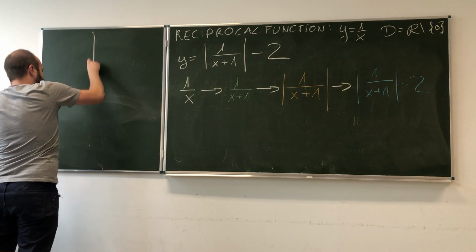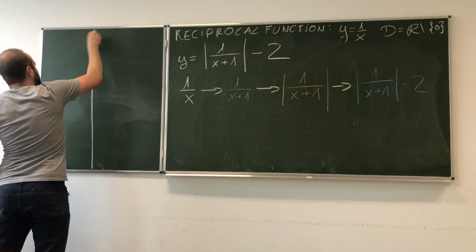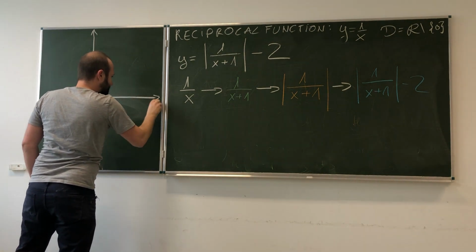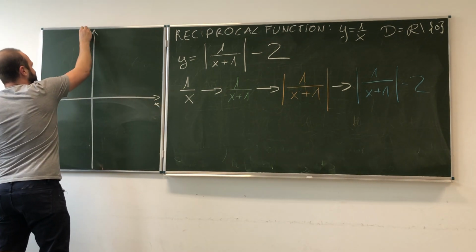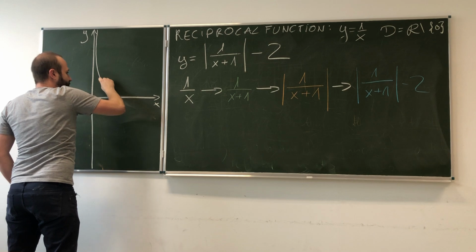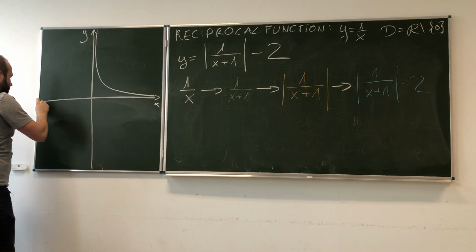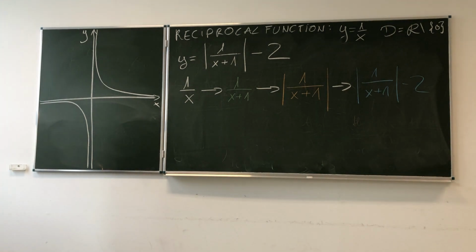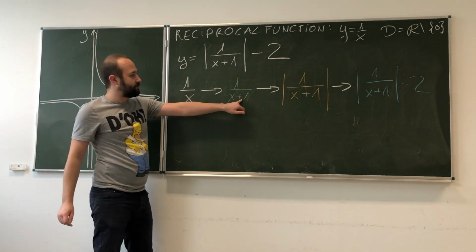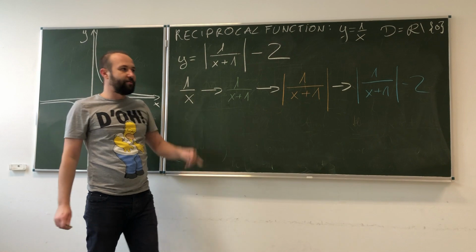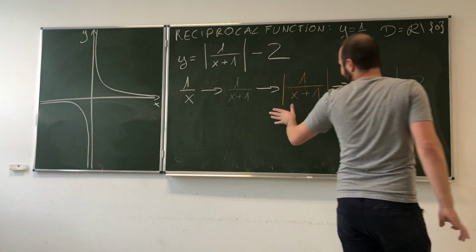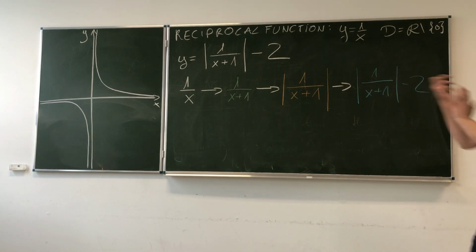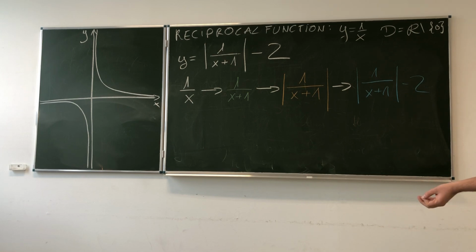First, of course, we start by drawing Cartesian coordinate space, and we start by drawing function y equals 1 over x. Look, the next thing we should do is to add 1 next to x. We remember, if we subtract from x, we move to the right. If we add, we must be moving to the left.